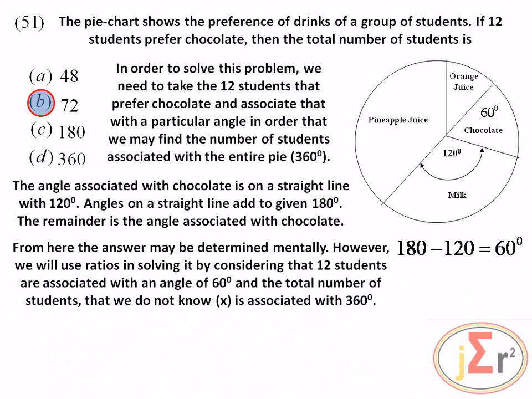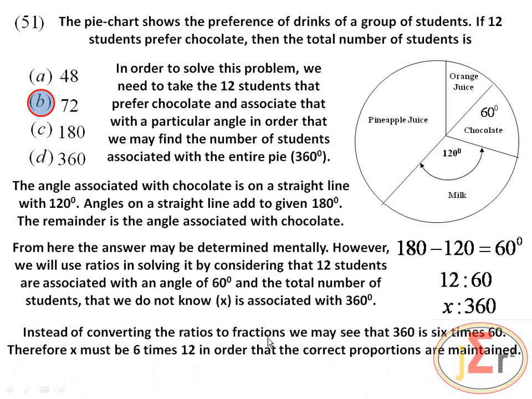However, we will use ratios in solving it by considering that 12 students are associated with an angle of 60 degrees. And the total number of students that we do not know, which we will call x, is associated with 360 degrees. There we have it. Instead of converting the ratios to fractions, we may see that 360 is 6 times 60.